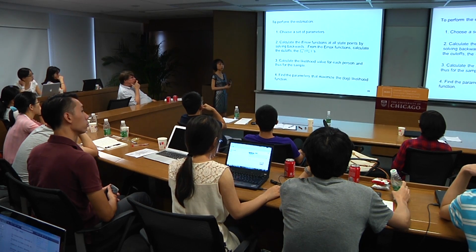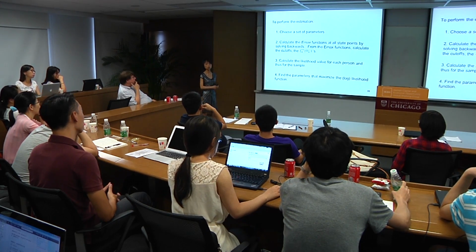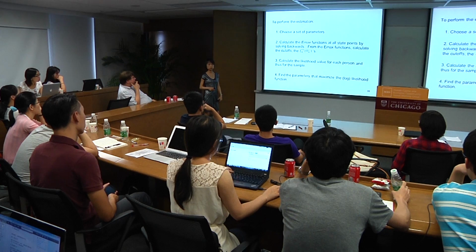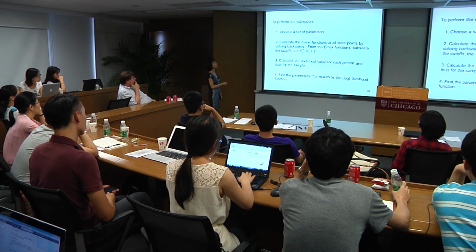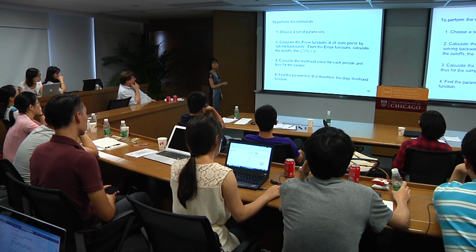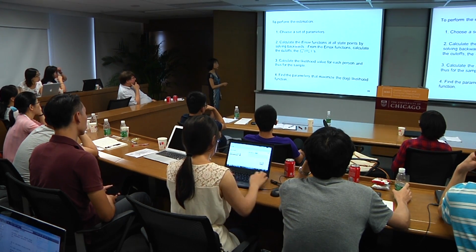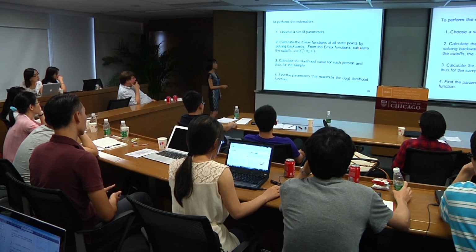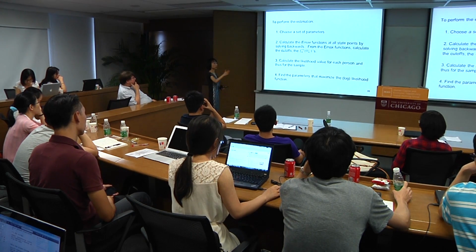I think he brought up this thing about, oh, what is the parameter? And how do you do estimation? First step, choose a set of parameters. Pick any set of parameters. Calculate the Emax functions at all state points by solving the model backwards.